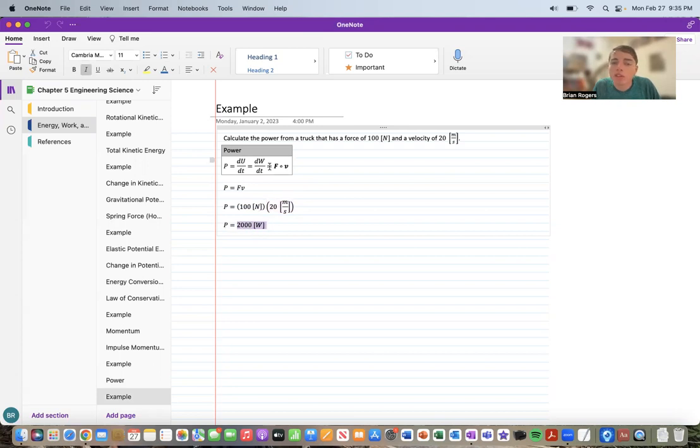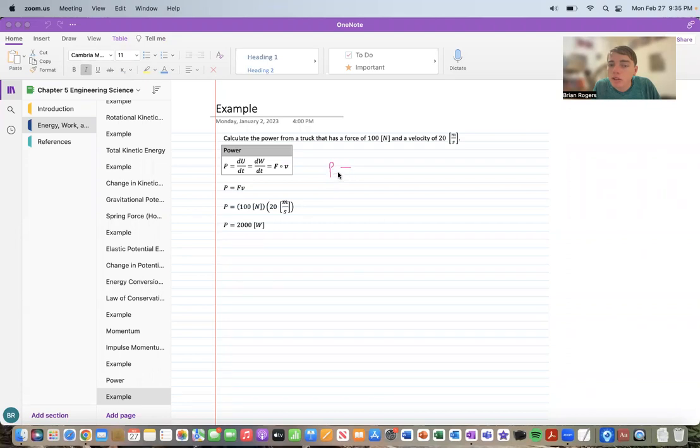If you take the magnitude instead, remember we said you can do the dot product if it's a vector quantity, or if you take the magnitude, then both are scalars, so the output would just be a scalar, and power is measured as a scalar quantity. So it'd just be the magnitude of the force times the magnitude of the velocity, the scalar quantities 100 newtons times 20 meters per second.